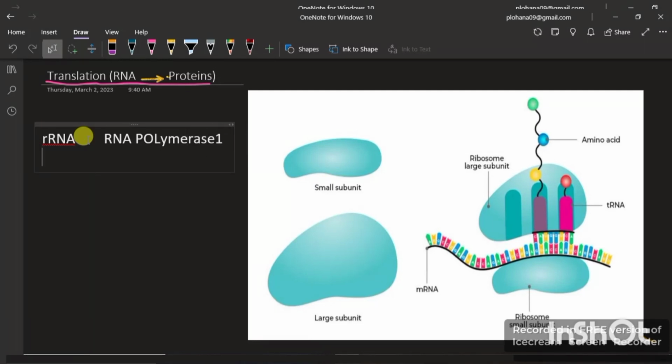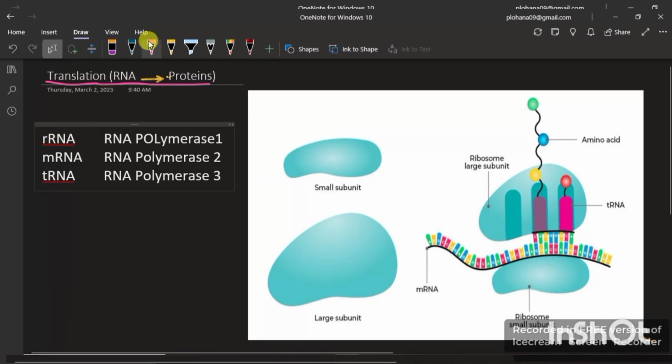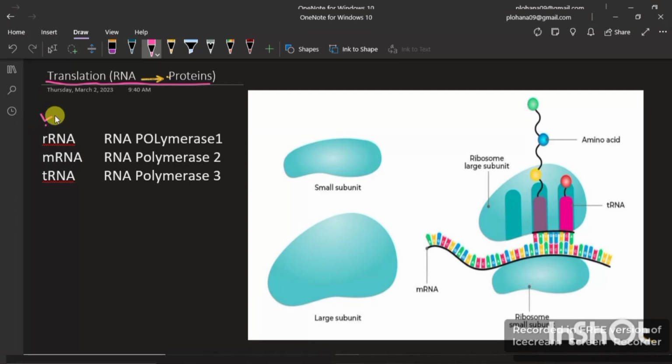The second type was mRNA, which was formed by RNA polymerase 2. And the last type was tRNA, the transporter RNA, which was formed by using RNA polymerase 3.